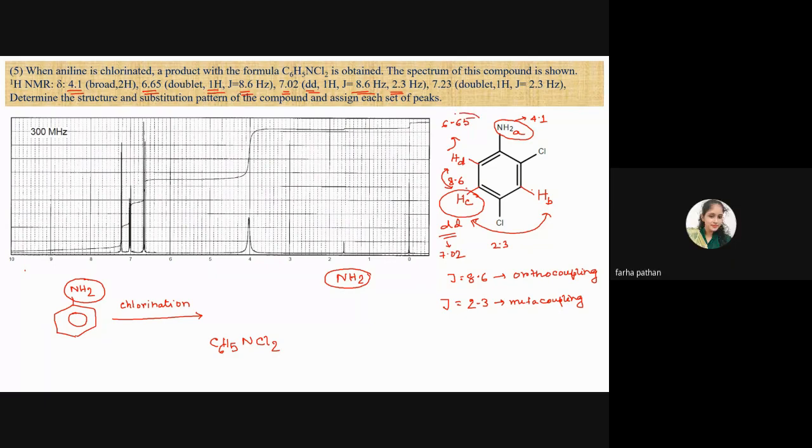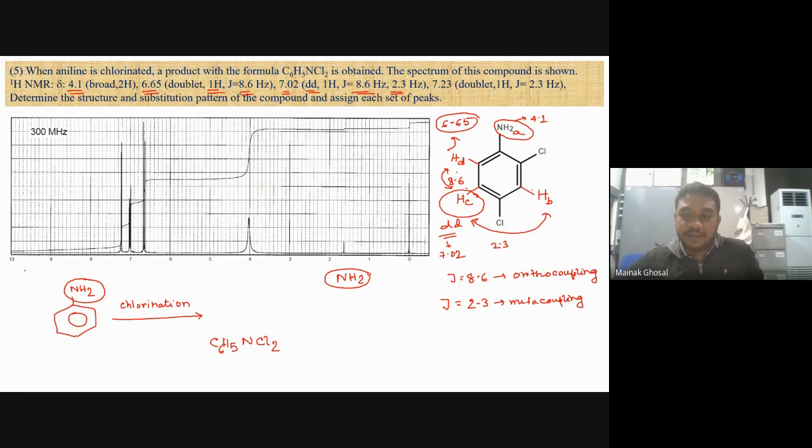Same J value: this is the value of the ortho coupling, so it is coupling with this one. And here the meta position is blocked, so it will show only a doublet. So the 6.65 signal is a doublet only.